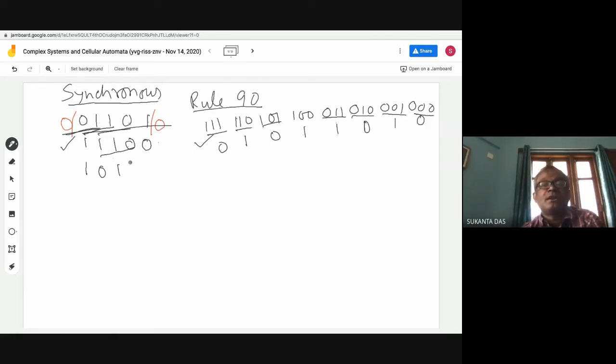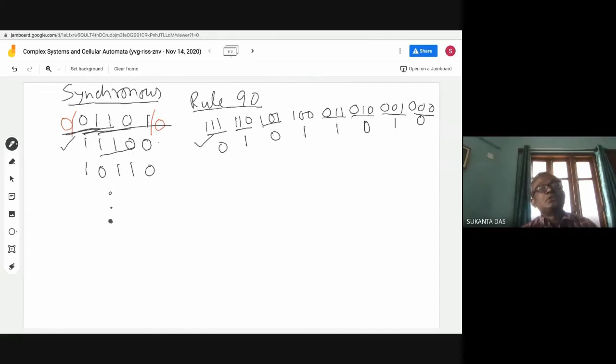So we'll get 1 again. Right? And then 0, 0, 0 is 0. And so on. So now if I evolve this 5 cell rule 90 CA, then I'll get these configurations in this way. Then I can continue further.